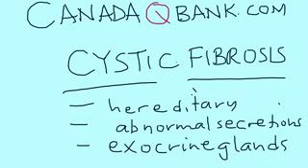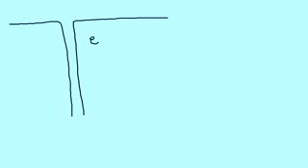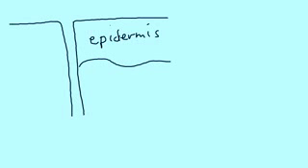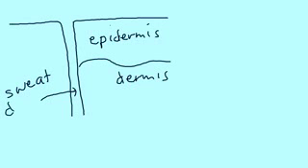So let's get started, and before I get into the symptoms and the diagnosis and treatment, let's explain what is actually happening. So this is a diagram where I'm drawing the skin here. This is the epidermis, and a little bit further down is the dermis. This here is the sweat duct lumen, and this is the skin surface up here.